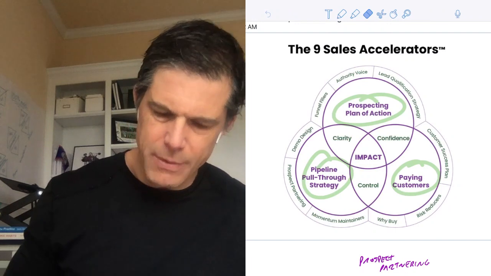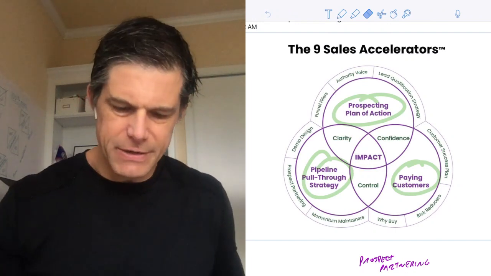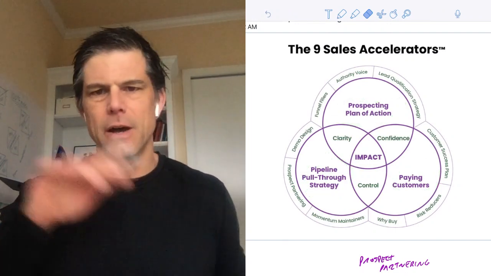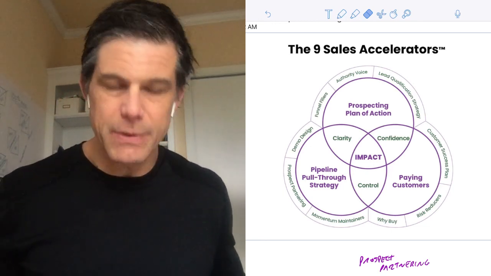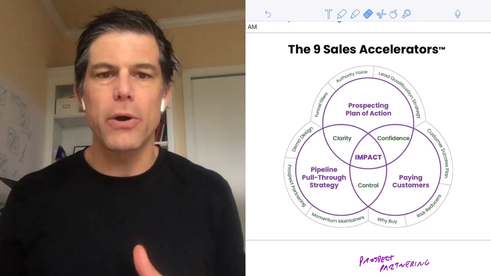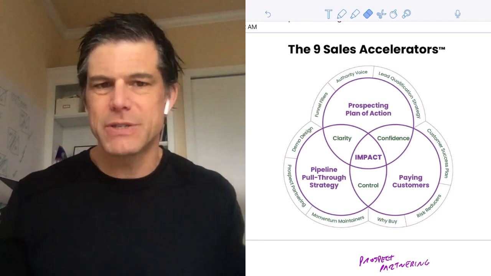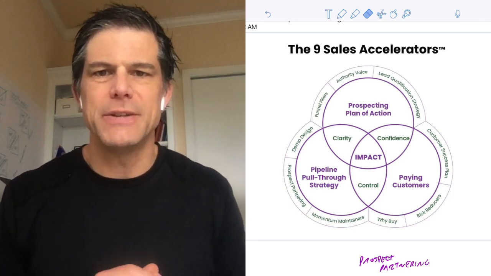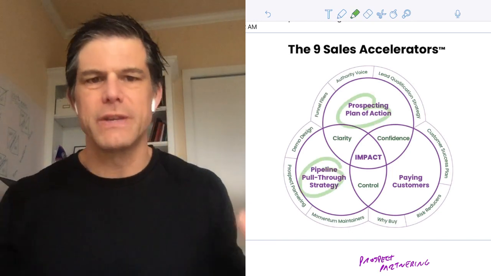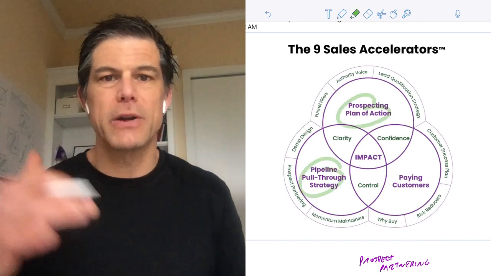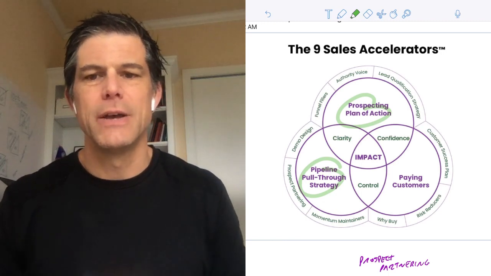Just for context, to give you a sense of where we are with the sales accelerators, outside of this model are the 9 sales accelerators. We have 3 core parts of your sales process. There's your prospecting, which is how you're finding leads and new prospects. Then you've got your sales pipeline, which is, now that you've got a deal, how do you march that deal through your sales pipeline through to conversion?